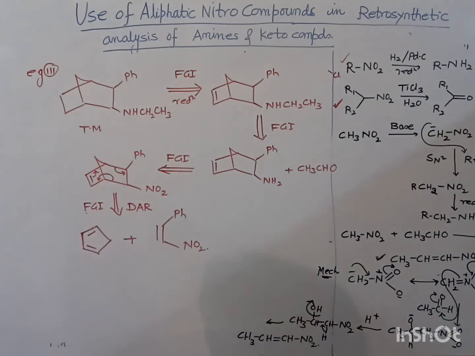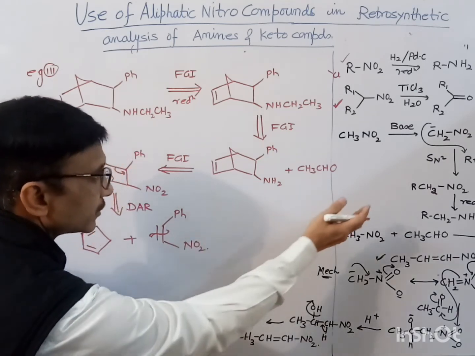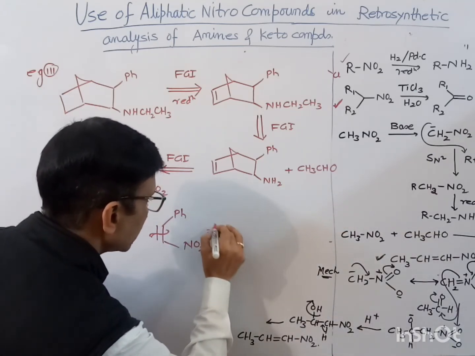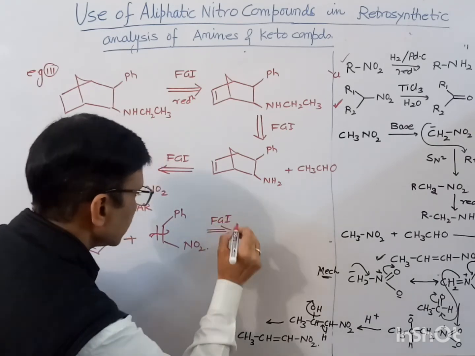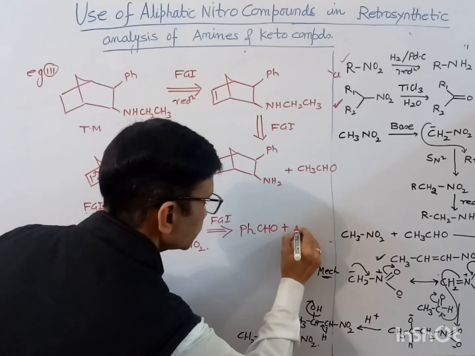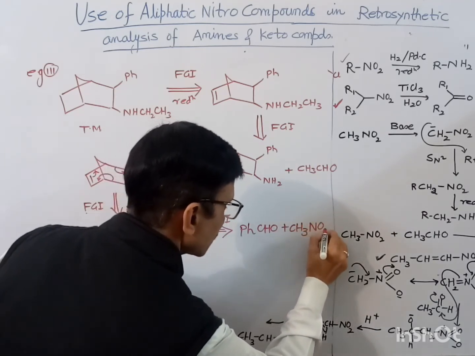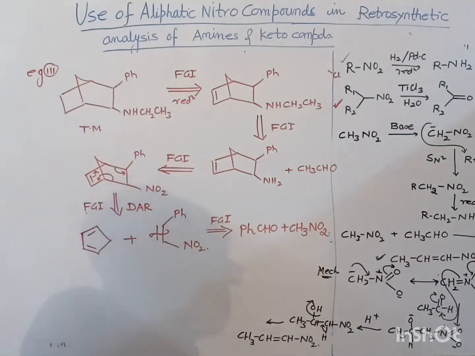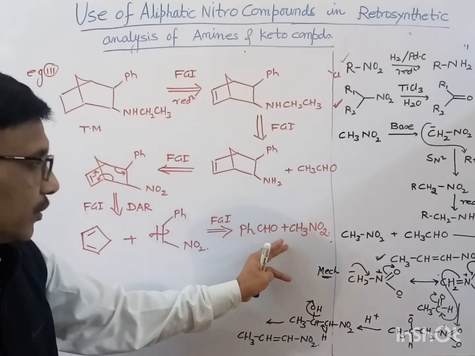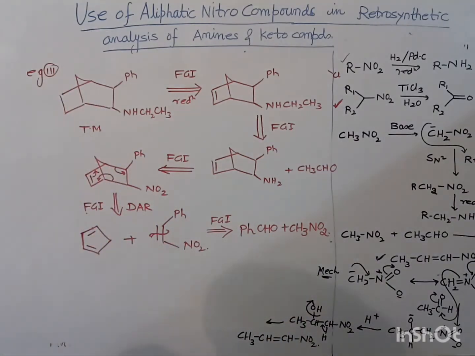Like this. Now all of you know this can further be disconnected using this reaction, and you can get here, so these are the much simpler reactant molecules. Now from here we will go in the reverse direction and we can get the target molecule.